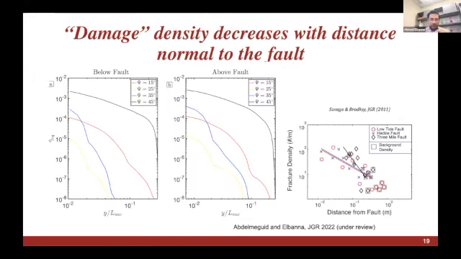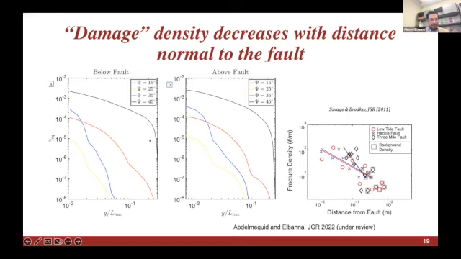So if we move on to some of the output that comes from these kinds of simulations, we can look, for example, at how damage changes as a function of the distance normal to the fault. And we see, if we look at either below or above the fault, we definitely see that the damage density as measured by the plastic strain accumulation is decreasing as a function of distance normal to the fault.